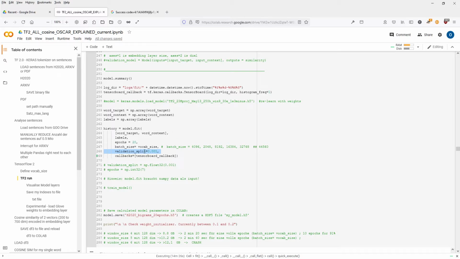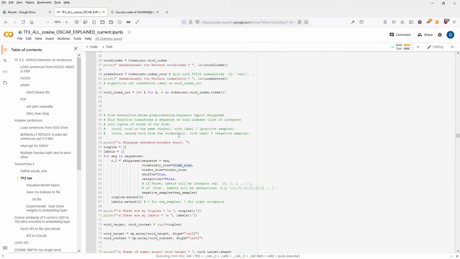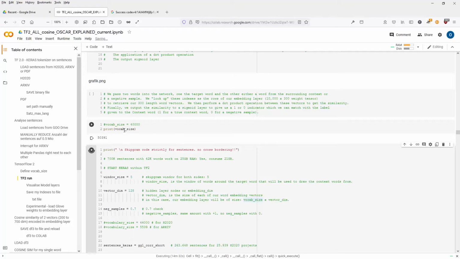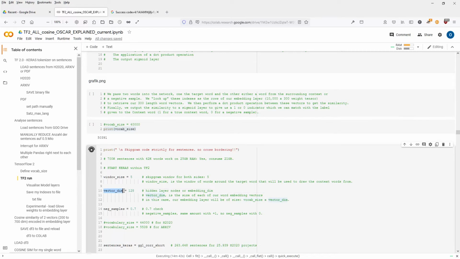And if you ask, okay, what is the vocabulary size that you mentioned? My vocabulary size here is 50,391 words. So for all of those words, I calculate in a 128-dimensional hidden layer. This is the dimensionality, with a negative sampling rate of 0.7 and a window size of 5.